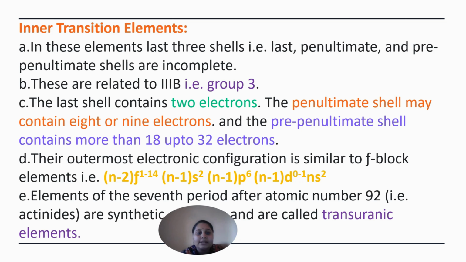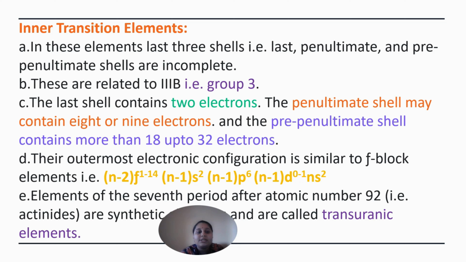The next is inner transition elements. In these elements, the last three shells, that is the last, penultimate and pre-penultimate shells, are incomplete. These are related to group 3. The last shell contains 2 electrons, the penultimate shell may contain 8 or 9 electrons, and the pre-penultimate shell contains more than 18 and up to 32 electrons.